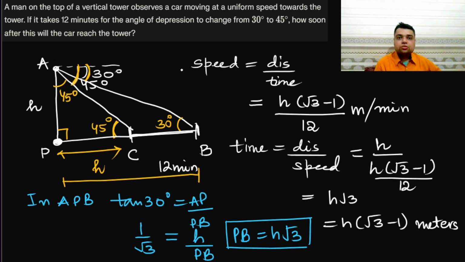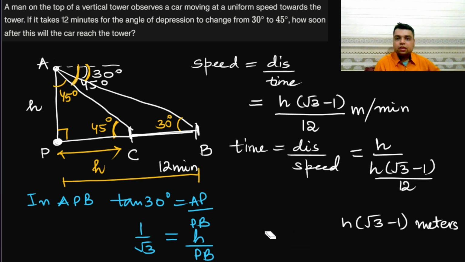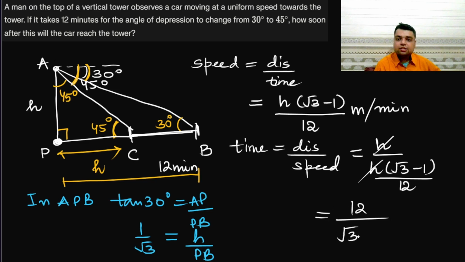Okay, so let's erase the below part. So this h gets cancelled out and this 1 upon something in fraction gets flipped. So it will become 12 upon root 3 minus 1 and this will be in minutes. And you can basically put the value of root 3, which is 1.73. Also you can solve it further.